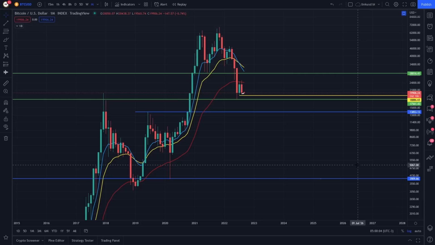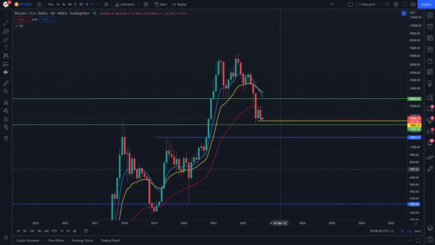It could be a big warning sign if we consistently stay below the 55 on the monthly. So we do need to see ourselves get back above and start closing above these levels of resistance to confirm that this is the bottom, and start to come up and break out and get back above the key EMA, which is the yellow line, the 20.